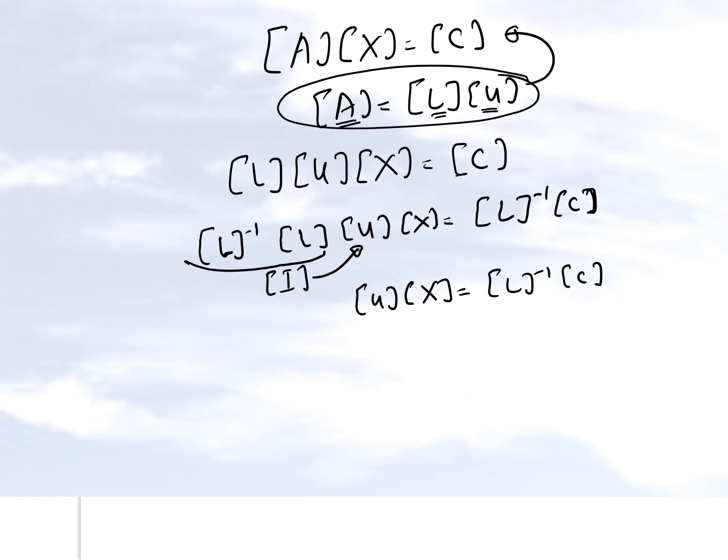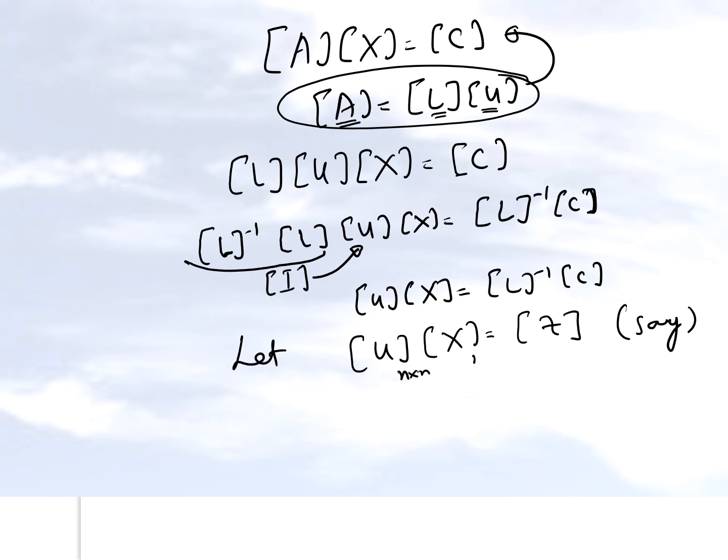Now what we're going to do is say, let U times X be equal to Z. We're not saying that it's equal to some known quantity Z. We're saying it'll be some vector Z, because U is an n by n matrix, X is an n by 1 matrix, and Z is an n by 1 matrix. So if UX is equal to Z, then L inverse times C will be equal to Z also.